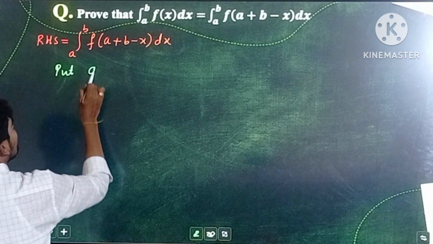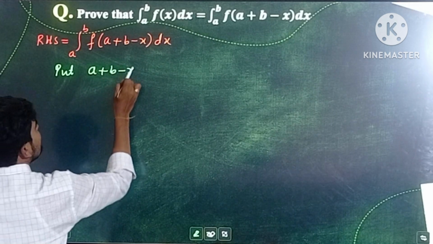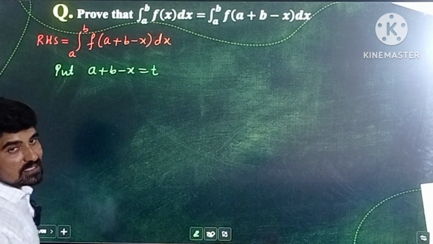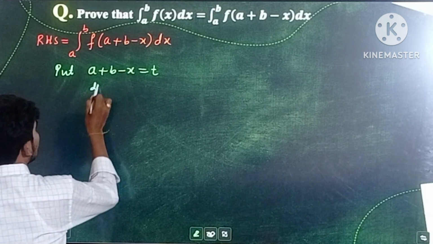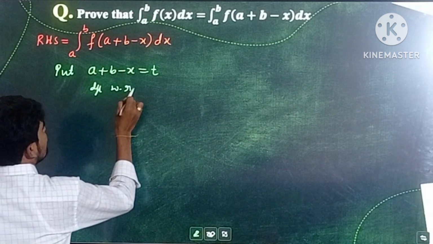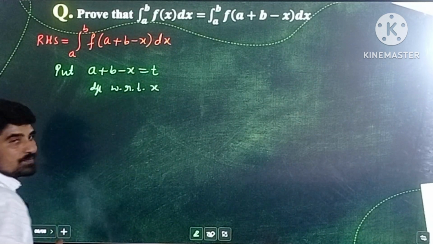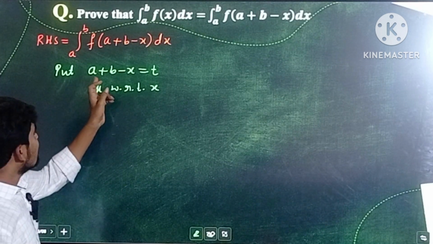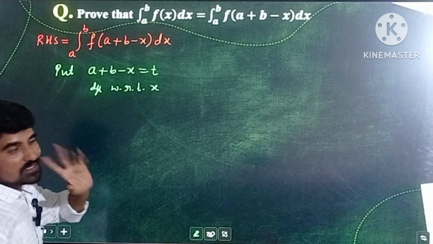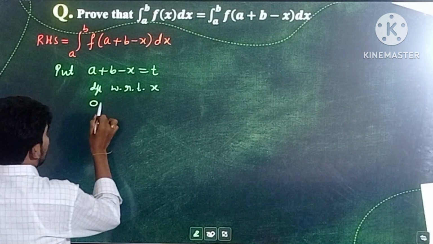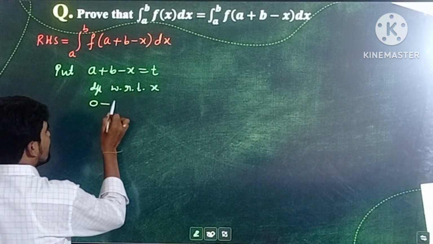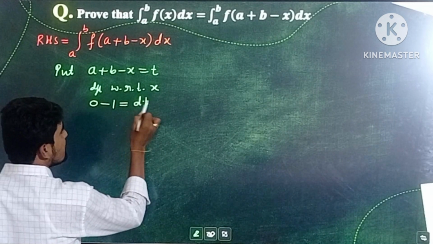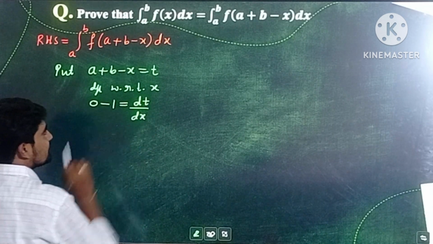Put a plus b minus x is equal to t. Since t is a function of x, differentiate with respect to x. Since a and b are constants, their derivatives with respect to x are 0. So 0 minus the derivative of x with respect to x, which is 1, equals dt by dx.